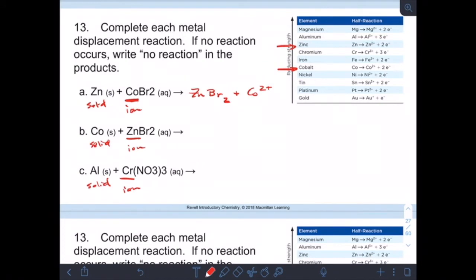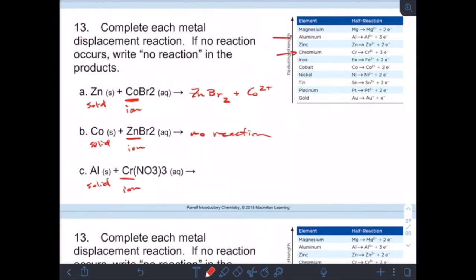Okay, so let's look at B. So we're looking for zinc ions. And is cobalt higher up on the table? And the fact is no. So no reaction. All right, and let's look at C. So chromium ions with aluminum.